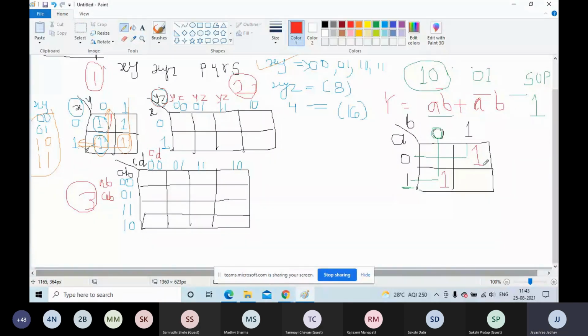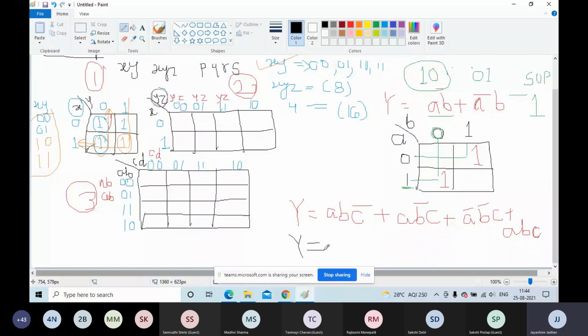Now I will show you one more example. You tell me where I have to put the values of it. A, B, C bar plus A, B bar, C plus A bar, B bar, C bar plus A, B, C. Tell me what is the value here.